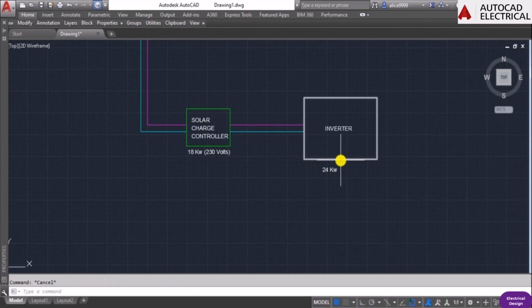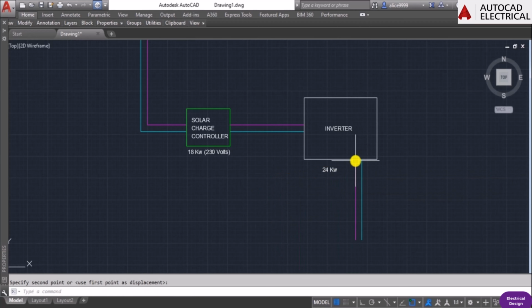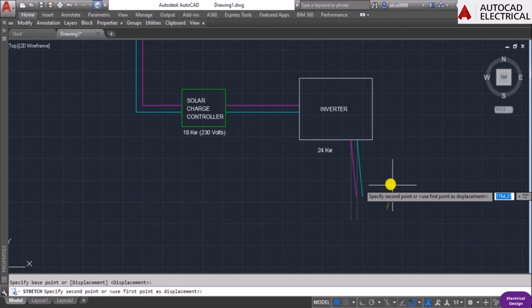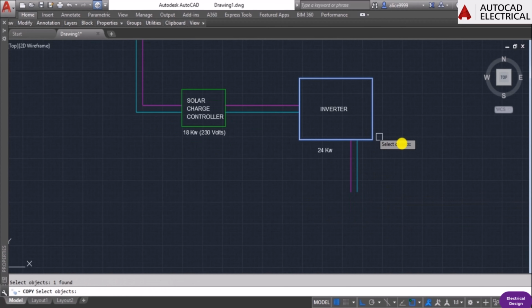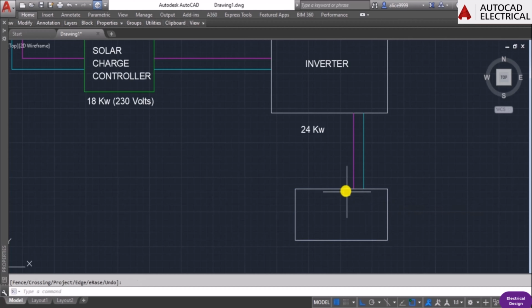So the inverter requires the battery. Battery cells are connected in series like this. This is the battery required to save the power.